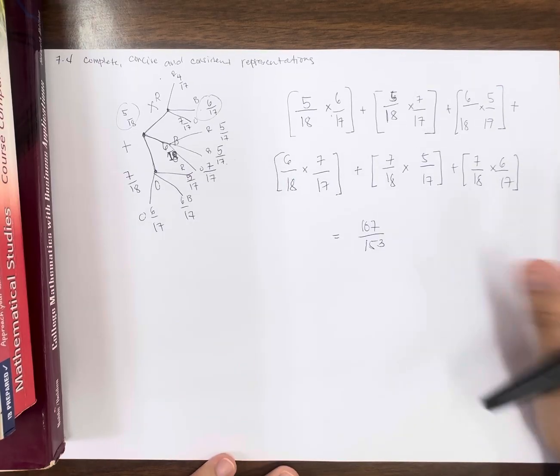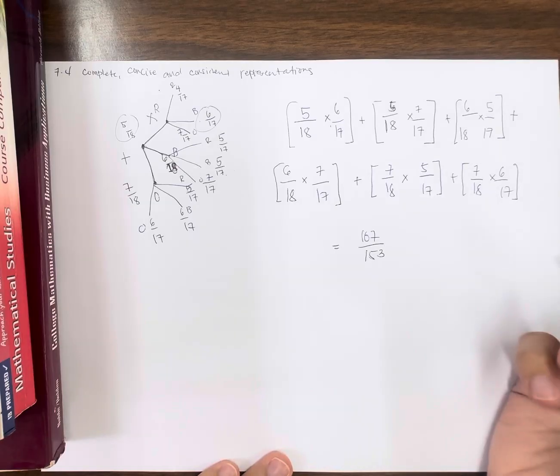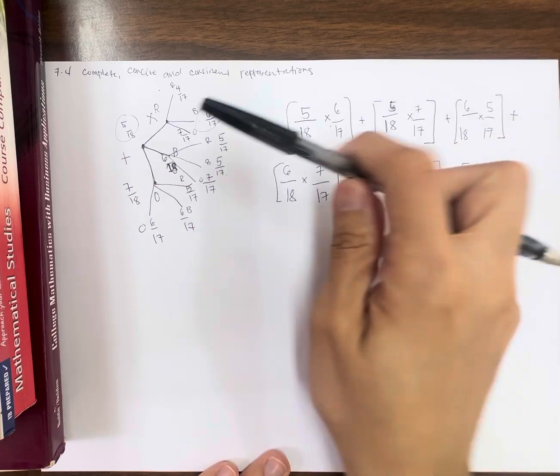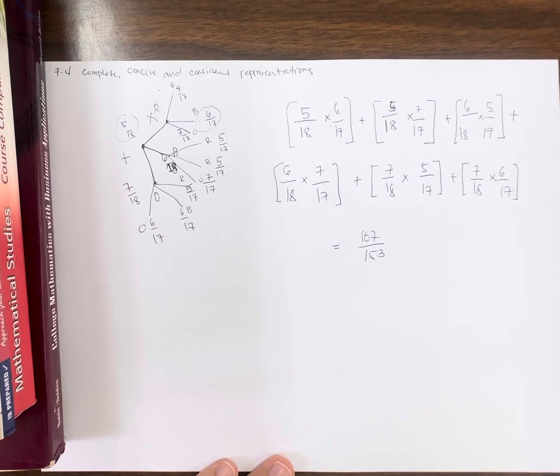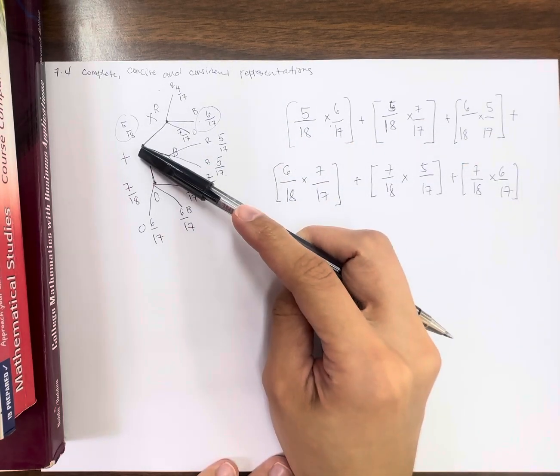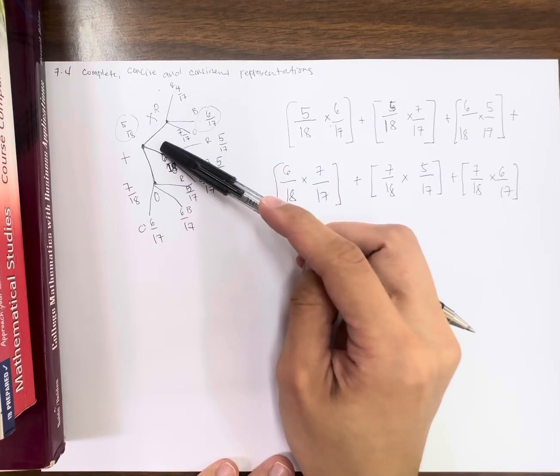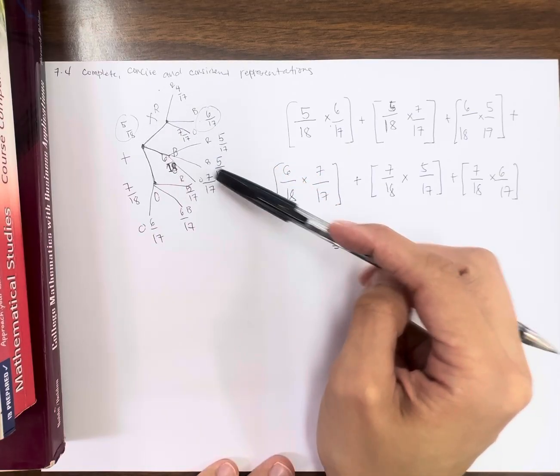Another way you could do it, and the book explains this, is you could just get 1 minus the complement. So if the question is asking you to find the probability that both the batteries are different, what you can do is find the probability that they're the same. So that would be 5 over 18 times 4 over 17, or 6 over 18 times 5 over 17.